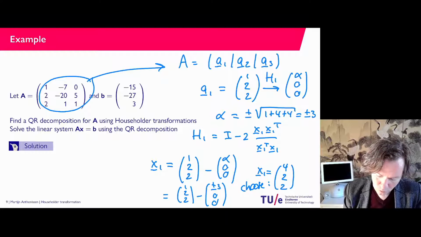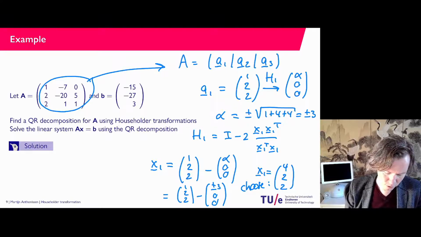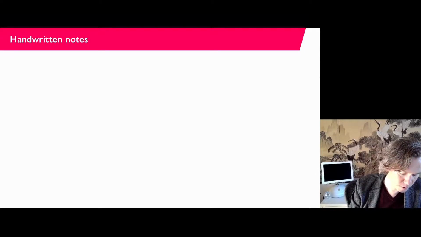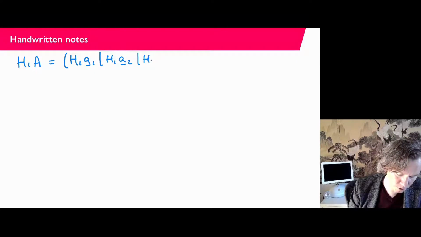So I need some more space for that. What we have is that H1 applied to the A matrix is H1 applied to the first column, H1 applied to a2, and H1 applied to a3.